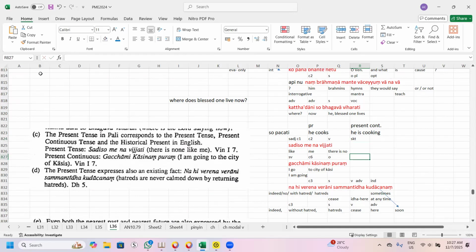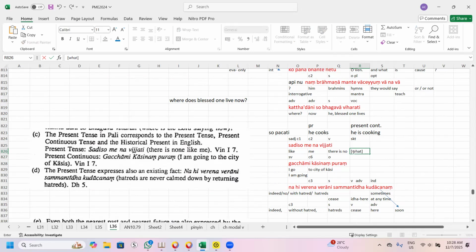All right. So here you see sadiso main vijati. Can you see this is a negative particle? This is a verb. So here, there is no... Can you see? Like me. So the word there is no... what, like me. In this case, in the sentence there is a break. The word person, there is none.